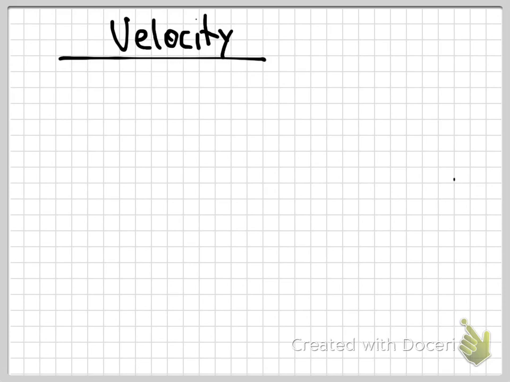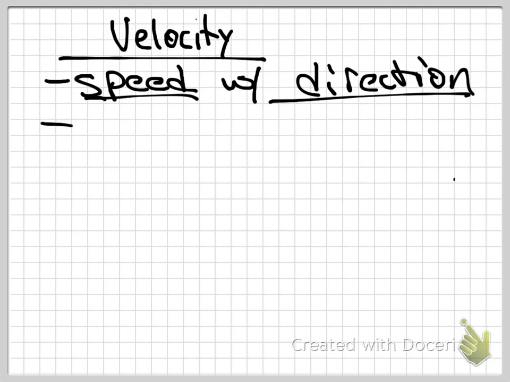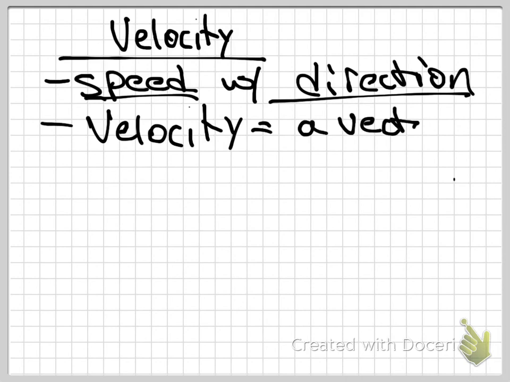And remember that velocity is speed with direction. Right, that's important. So that makes velocity a vector. Okay, so velocity, speed with direction, and velocity is a vector.